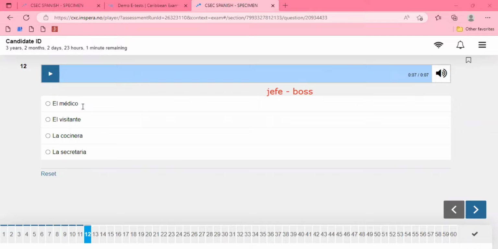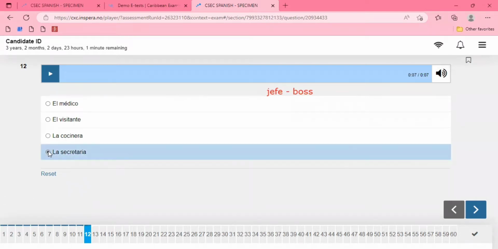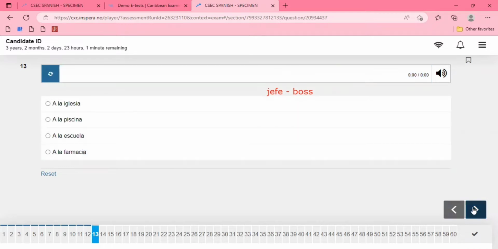So we have médico, visitante, cocinera, y secretaria. Best option would be secretary. This is likely to be said by a secretary. But to look at our other options, we would have had doctor, visitor, chef, or cook. So I made the best decision.